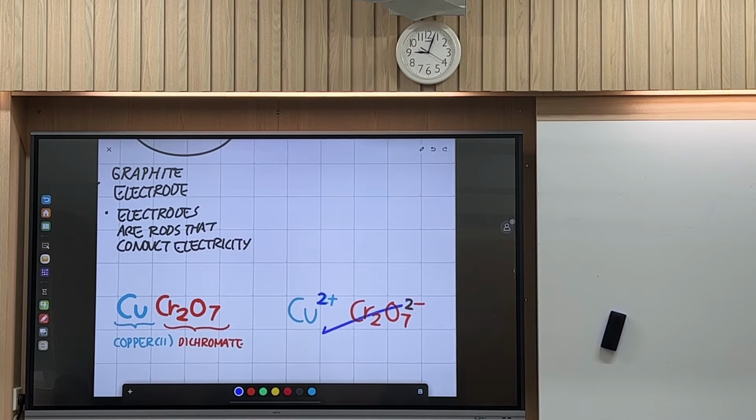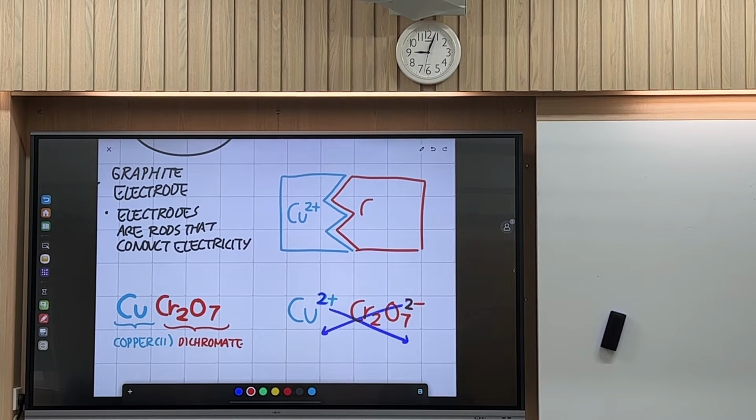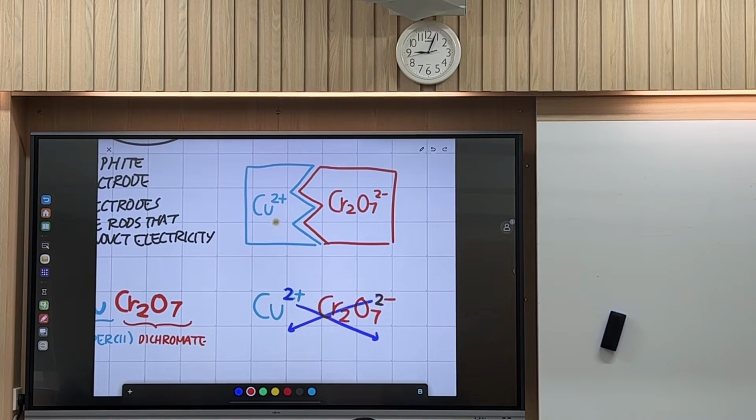Remember, you can understand it two ways. You can use the puzzle method to visualize copper 2+ as something like that, then use another piece of puzzle to represent the dichromate ion. Because the numbers simplify into 1 and 1, you don't see any numbers at the end. You just need one copper ion and one dichromate ion.